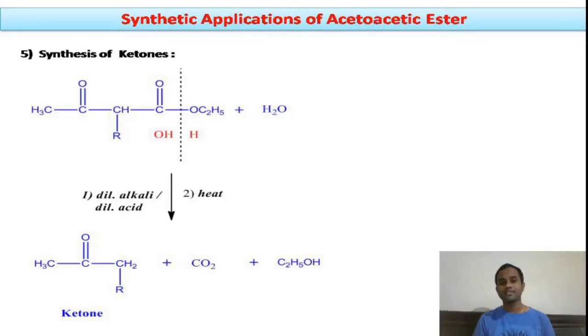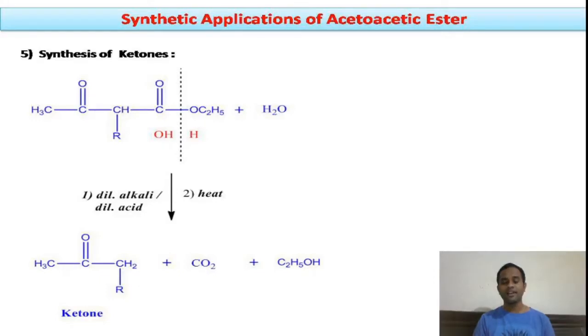Right? Acetoacetic esters, monoalkyl acetoacetic esters, dialkyl acetoacetic esters, upon heating in presence of dilute alkali or dilute acid, undergo hydrolysis, leading to the formation of ketone. This hydrolysis takes place in two steps. Always in this reaction, carbon dioxide and ethanol are the side products.